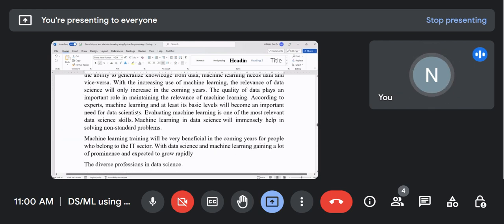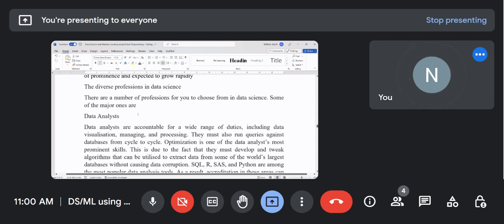Now data science has various diverse professions. Data scientist is not the only job role available. In data science, there are multiple job roles available. That's why people are shifting towards data science, and this industry has seen huge growth in recent times.